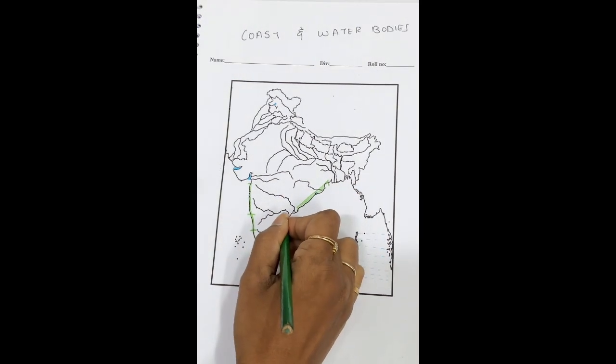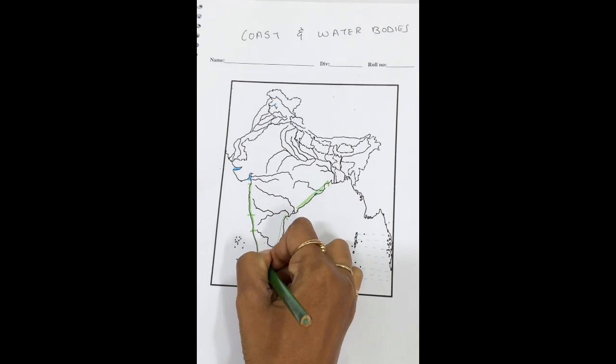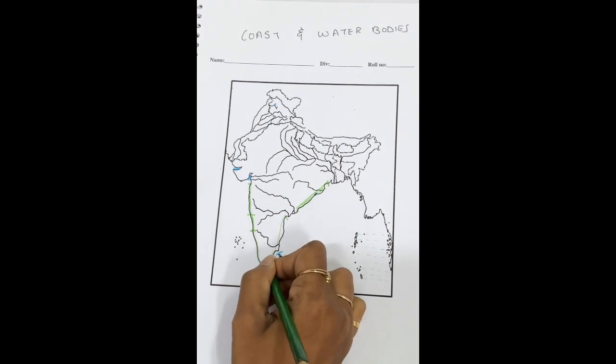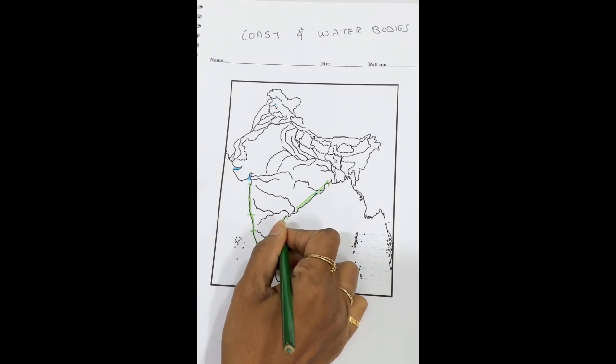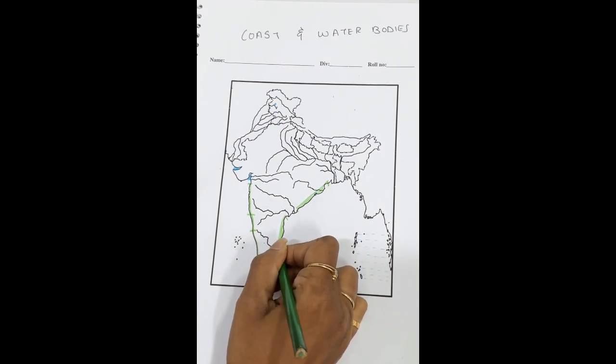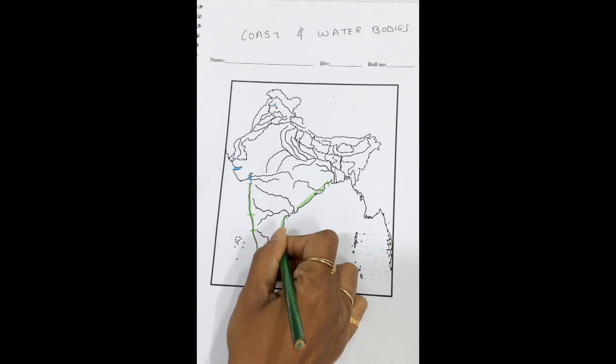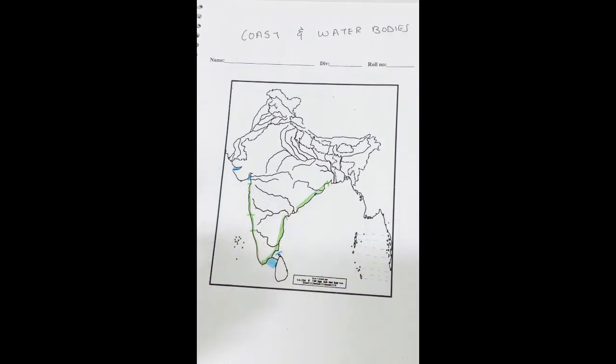Now from here up to the tip of Kanyakumari, we have Coromandel coast. But again, if they would have said mark Coromandel coastal plain, then we would have done little broader.